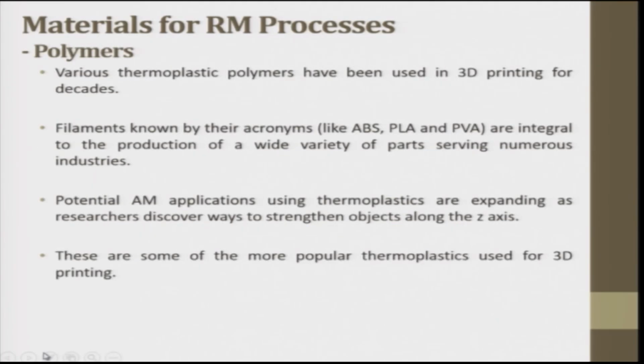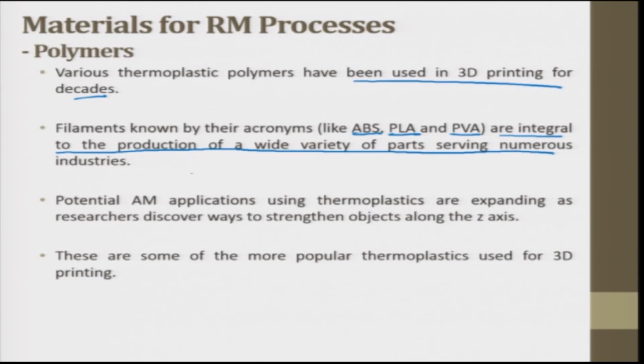Next is polymers. Various thermoplastic polymers have been used in 3D printing for decades. Filaments, known by the acronyms ABS, PLA, PVA, are integral to the production of a wide variety of parts serving numerous industries.